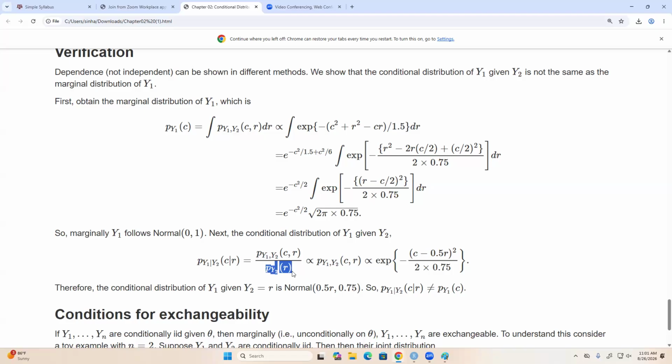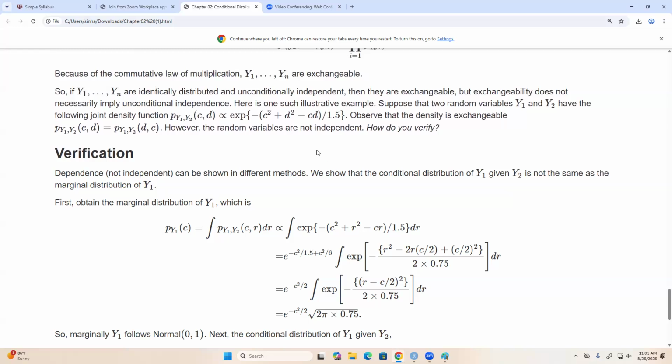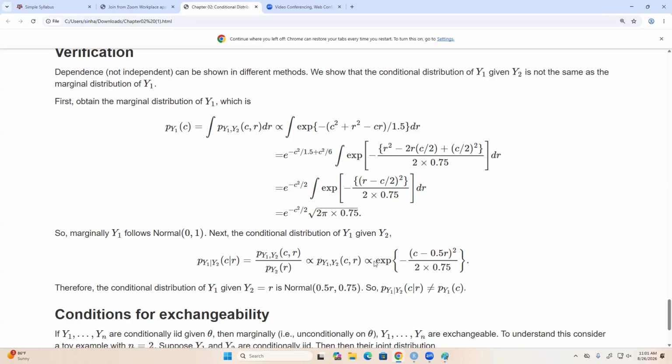And that thing is this. And I can write it nicely as (c minus 0.5r) squared divided by 2 times 0.75.